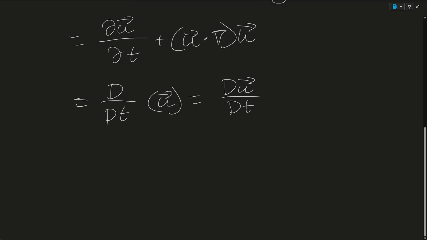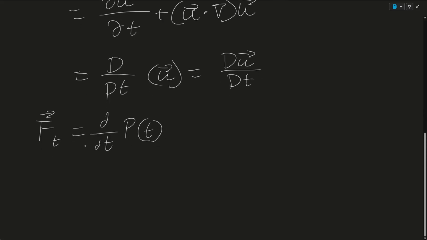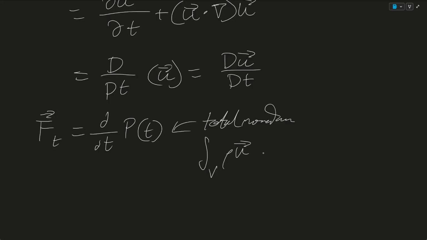Now if we use Newton's second law here, rather than F equals ma, because for various reasons we're going to use the original Newtonian definition, which says that if we have our total force F(t), that's equal to the time derivative of this function P(t), which is just our total momentum, which is the integral over V of rho u dV.